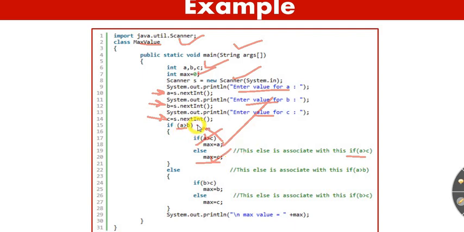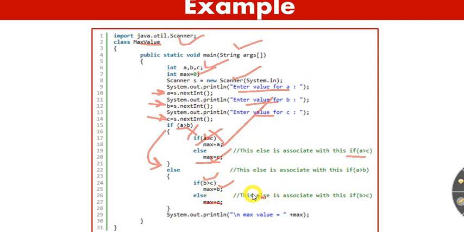If this condition gets false, let me show you. If a is not greater than b, then it is directly going to jump to which portion? The else portion. Now the else portion means a is not greater than b, that means b is greater. So it is checking whether b is greater than c. If it is true, then b is maximum. Else who is maximum? C is maximum.